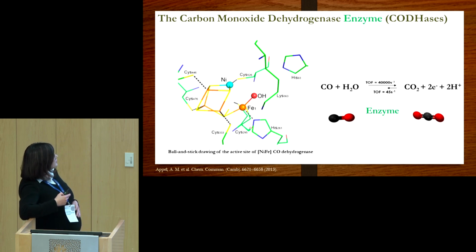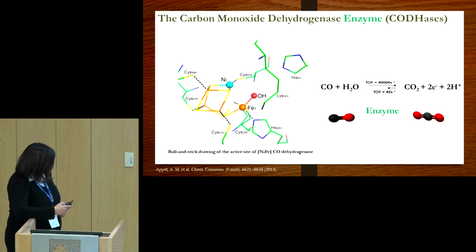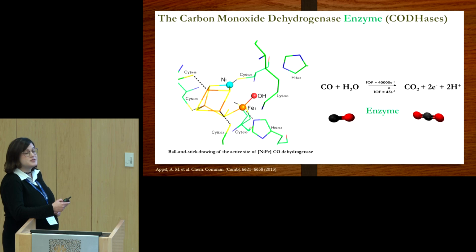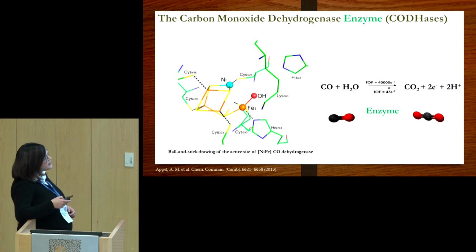One kind of it includes two metals that I want you to remember, nickel and iron. What this enzyme can do in nature, this enzyme can take a molecule of CO, the broken molecule, and convert that to CO2, okay?